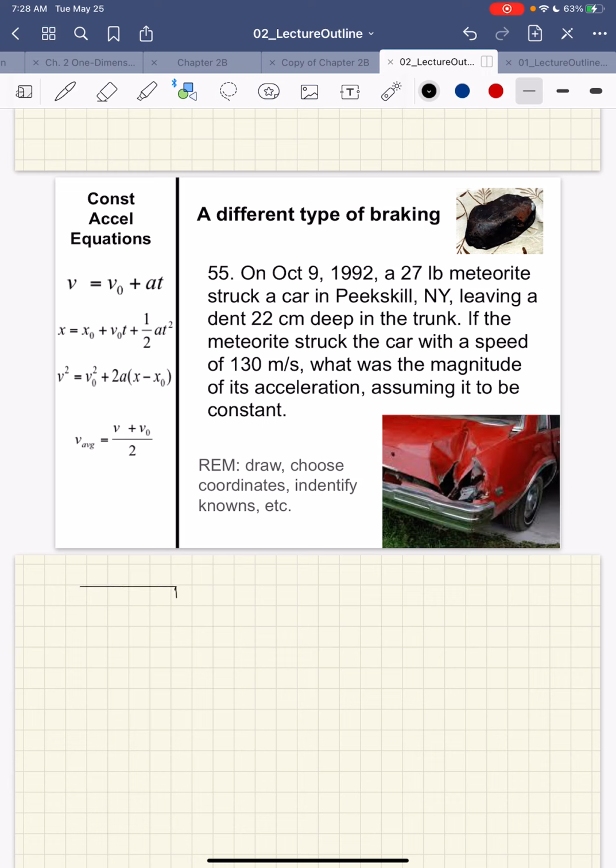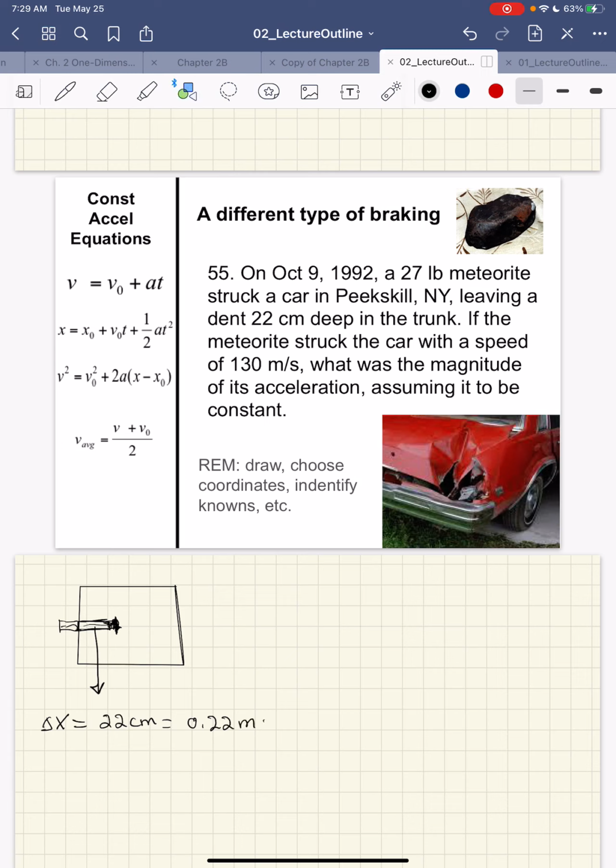I will assume this is the thing, and then whatever it was, meteorite or anything, it is going to go deep inside like this. That distance here is x minus x0, 22 centimeters, and don't forget to change this into meters.